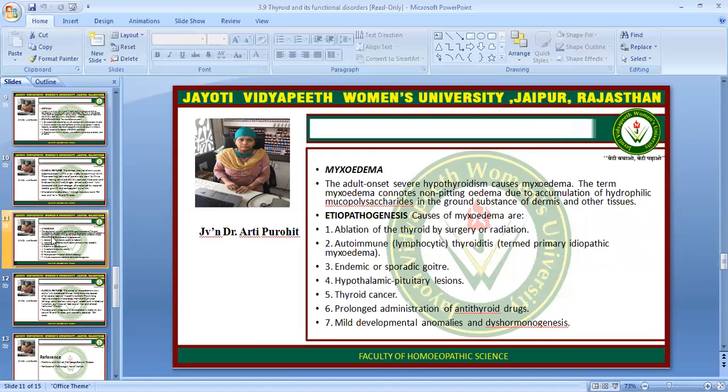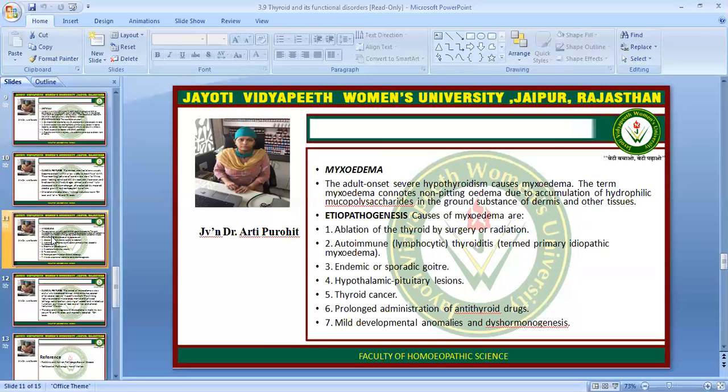The myxedema. This is another condition. The adult onset severe hypothyroidism causes myxedema. The term myxedema connotes non-pitting edema due to accumulation of hydrophilic mucopolysaccharide in the ground substance of dermis and other tissue.